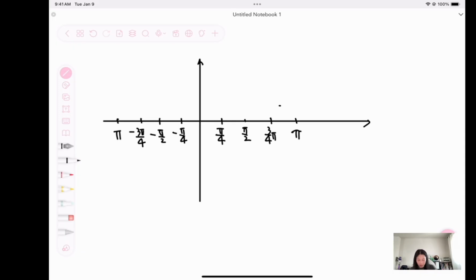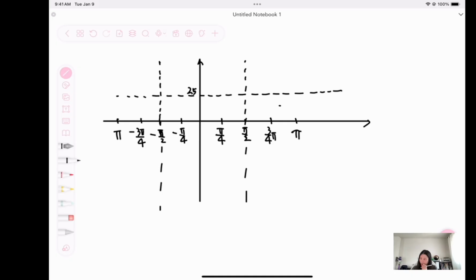What happened is I want the asymptote at pi over 2. And here is the midpoint at 2.5, and let's add another asymptote in here. So I want the graph to be in here.